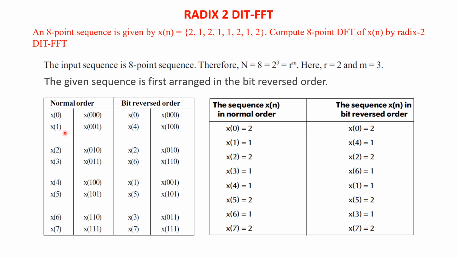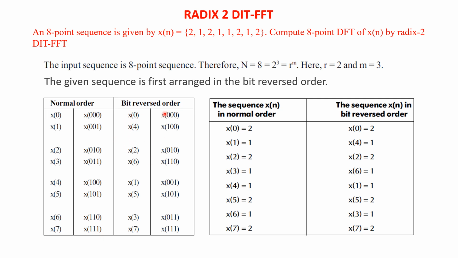And x of 1 is represented as 0, 0, 1. The next is x of 2, represented using 0, 1, 0, and x of 3 is 0, 1, 1. The remaining 4, 5, 6, 7 are likewise represented by their binary sequences.